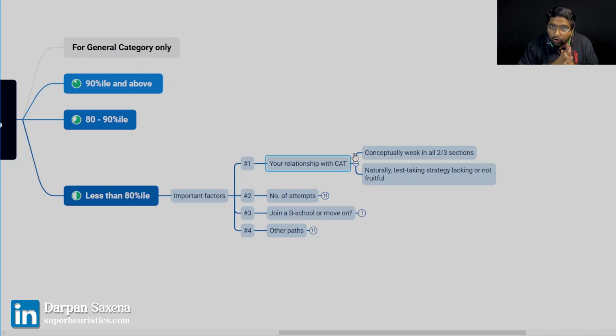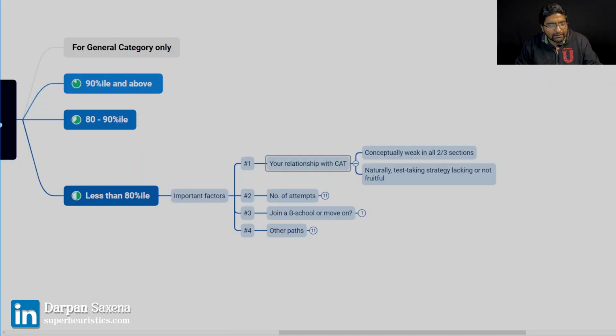Clearly, it could also be all the three sections, which also means that probably you've not studied well enough. Again, do not take offense to the fact that you are weak. Do not feel sad about this thing that, oh, I'm weak in this. No, it's just that, weakness is a lack of preparation. Weakness is a lack of strength. So you can easily build anything to be your strength or all of them. So that is the first thing which you need to know.